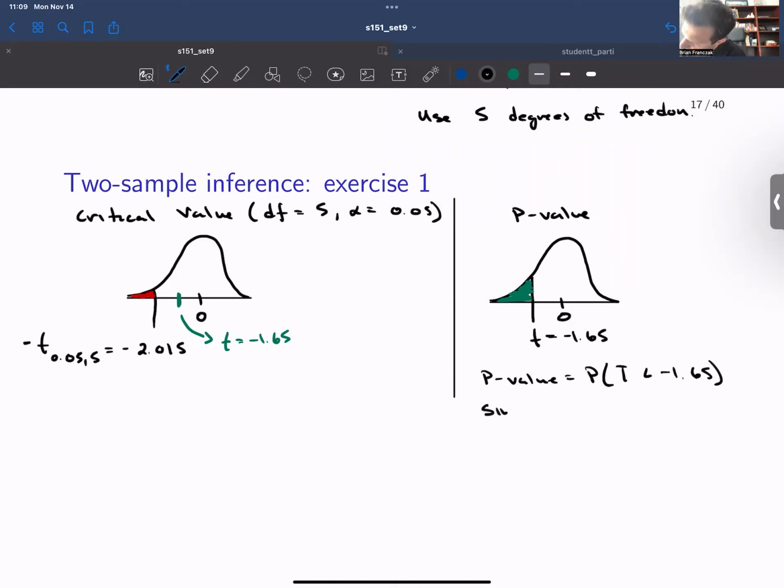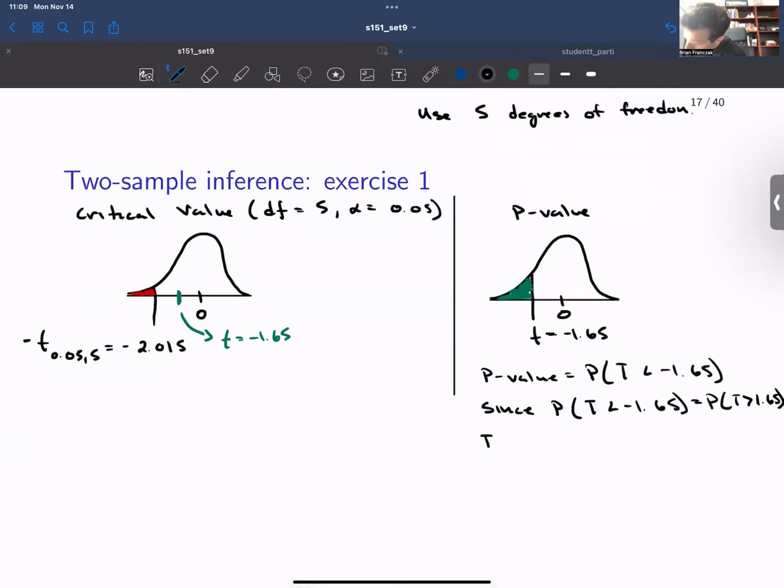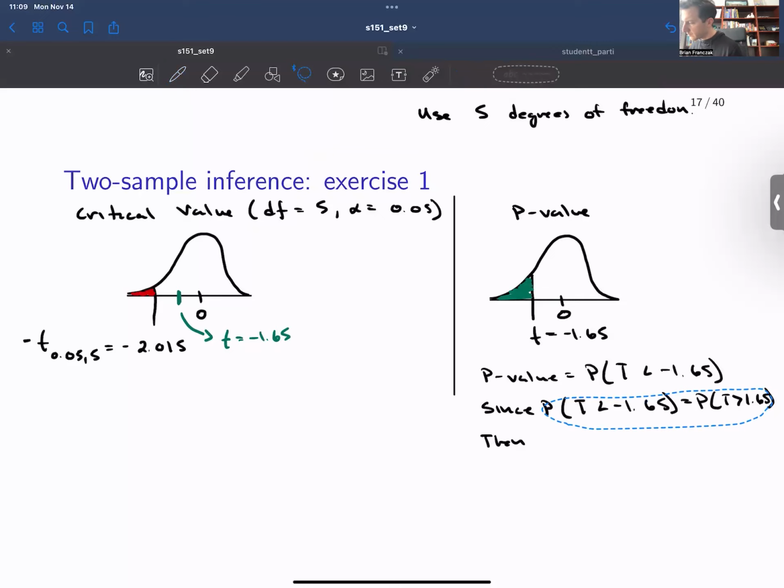Now, as we have discussed before, the probability that t is less than negative 1.65 is the same thing as the probability that t exceeds positive 1.65. So these two things are equivalent. The lower tail area and the upper tail area are equivalent because of the symmetry of the curve.